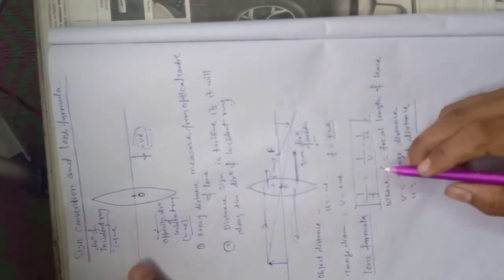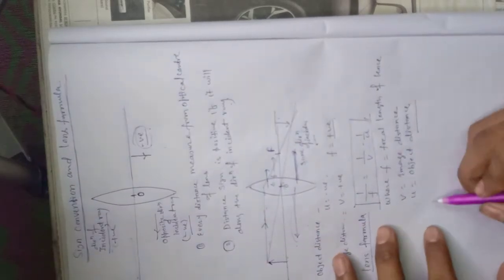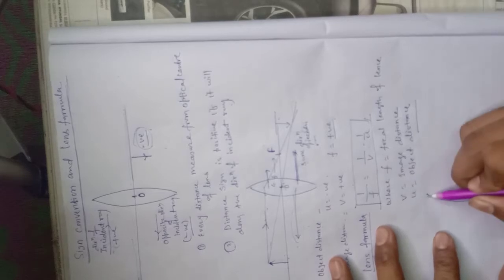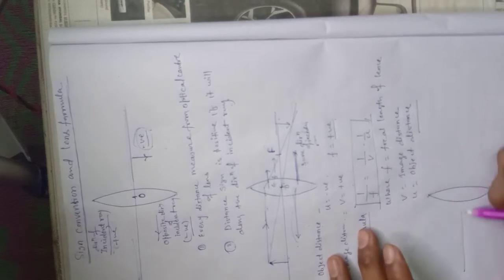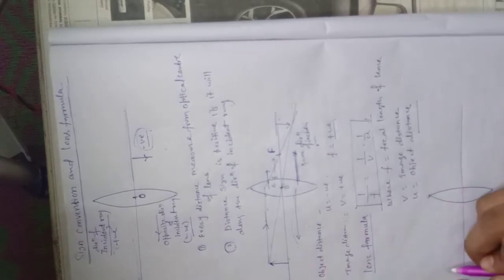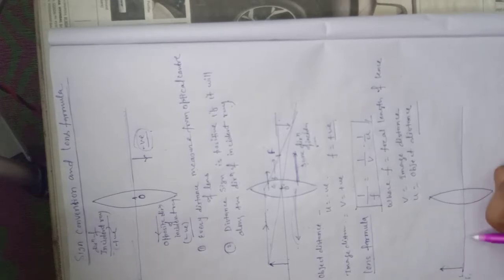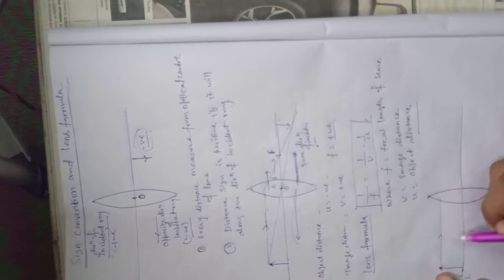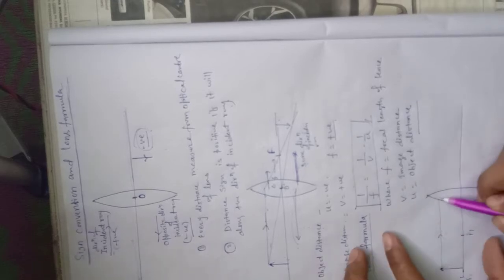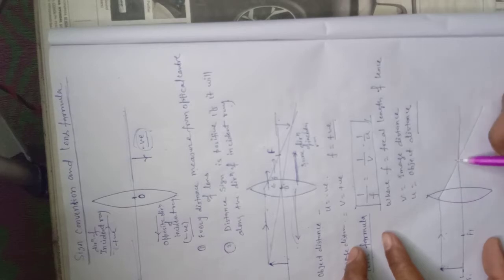Let us consider an example in the diagram. Let the object be placed here, in between 2F1 and F1. We know that when an incident ray is parallel to the principal axis, after refraction it passes through the second principal focus.